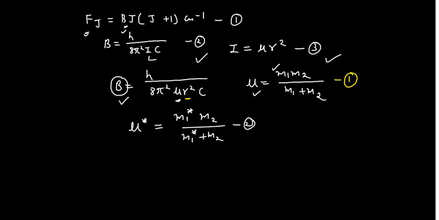Now if you take the ratio of these two, that means dividing equation 1 by equation 2, you will have mu divided by mu star.